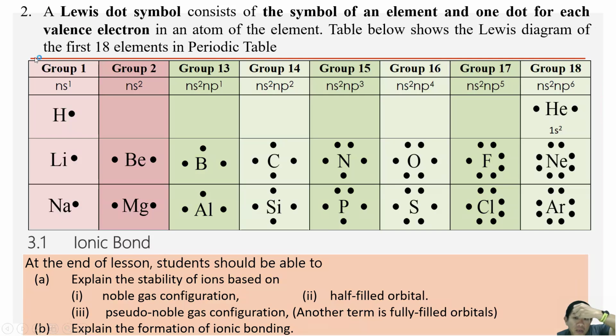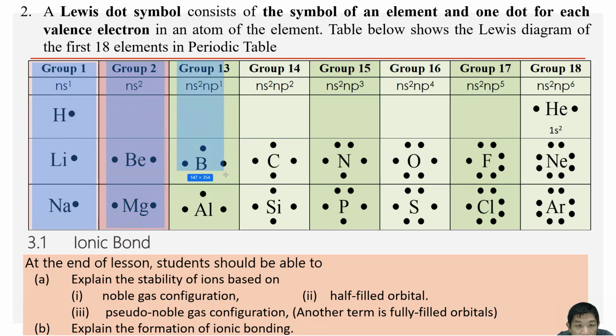Okay, right. So Lewis dot and cross symbols of an element are often used to describe its valence electrons. Generally, all group 1 will have one valence electron, so you put one dot. All group 2 will have two valence electrons, so you put two dots.